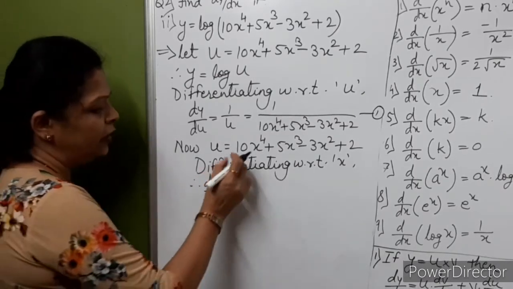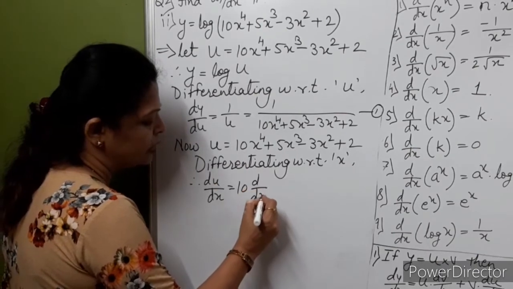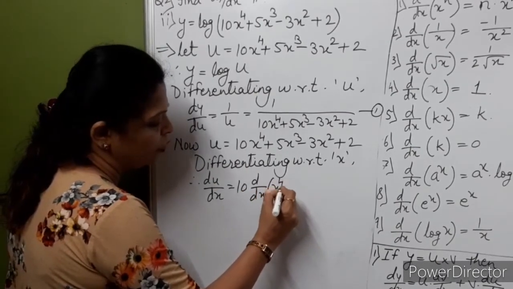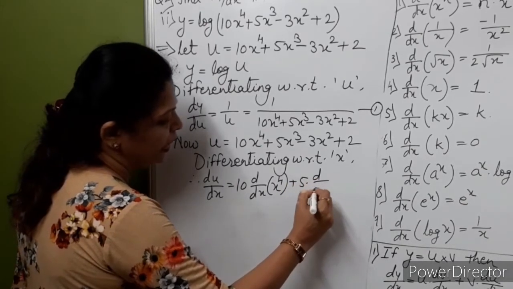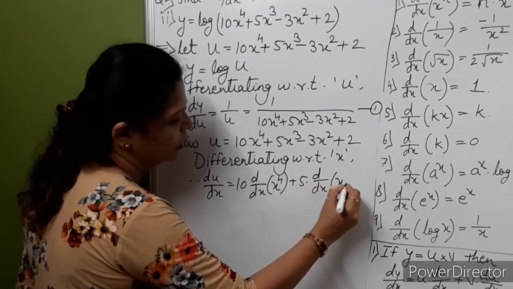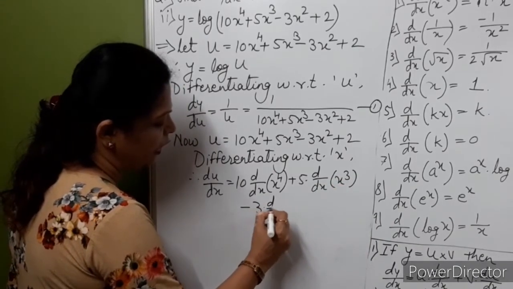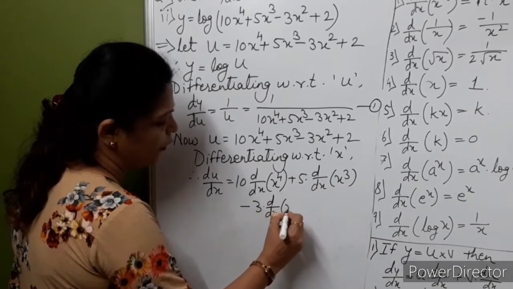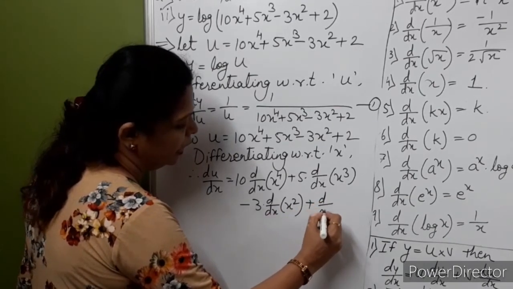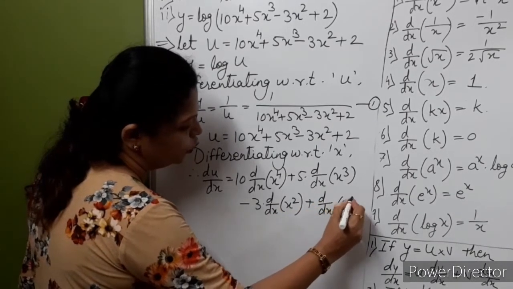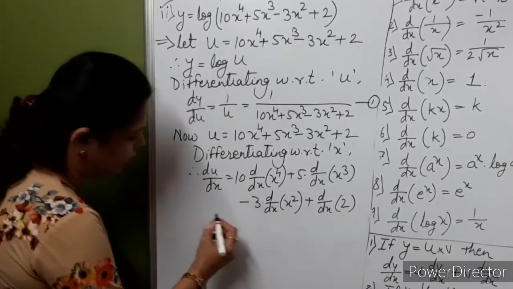Now as usual, take the constant out and only differentiate the x term. So d dx of x raised to 4 plus 5 into d dx of x cube minus 3 into d dx of x square, plus d dx of 2. That is a constant.